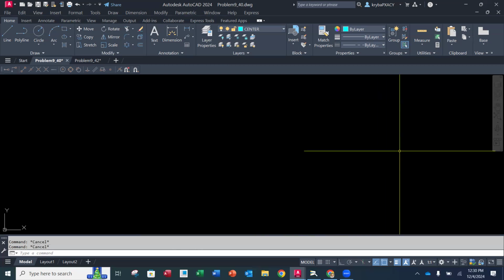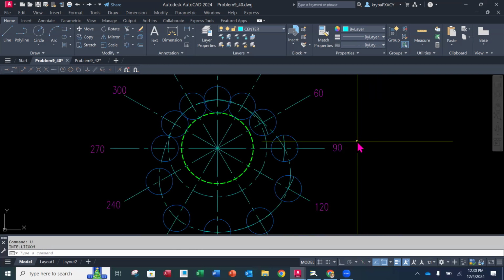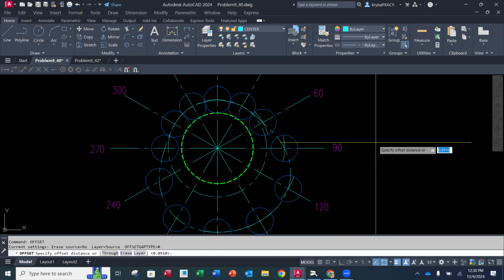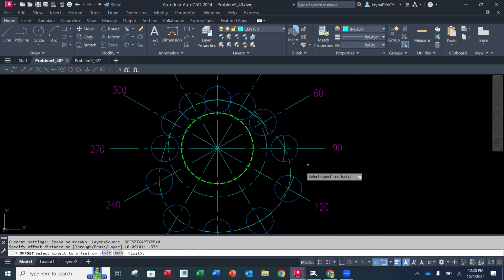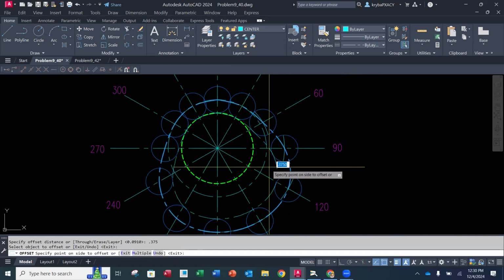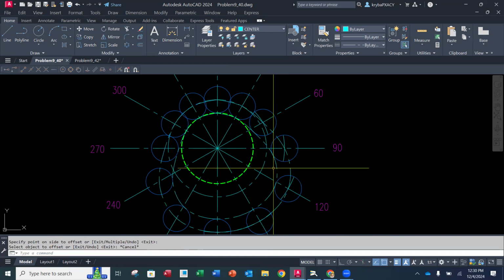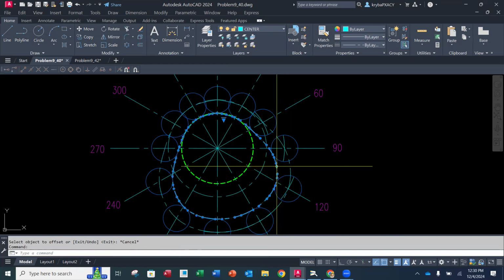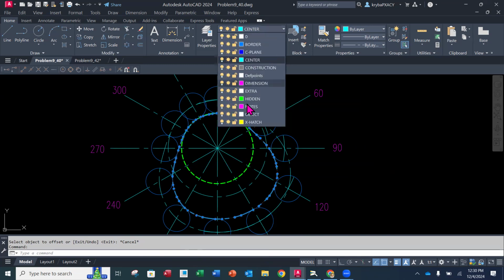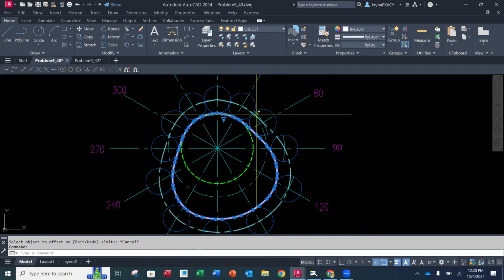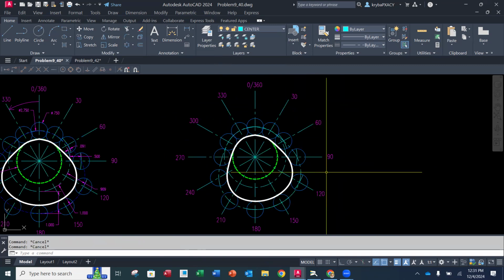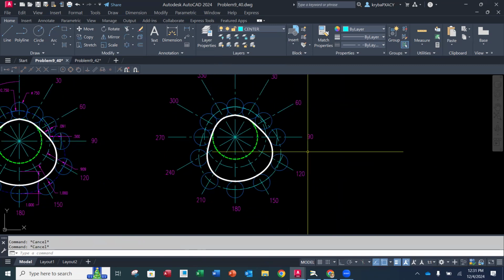So, whoops. So I'm going to hit offset 0.375, and I'm simply going to select my spline and go to the inside. And now it is going to be tangent to all of those lines. I'm going to change this to the object layer, and that is going to then be the profile of my cam. Okay. So that's the process that you would take.